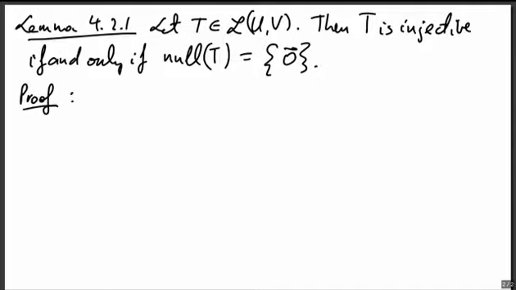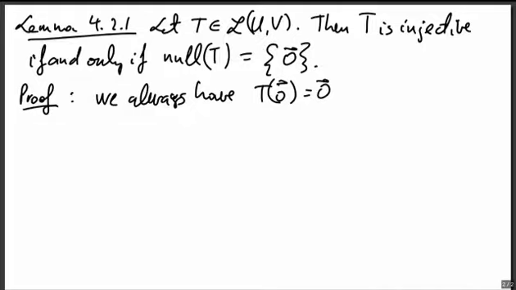The proof: for linear transformations, we always have that T0 equals 0. This comes out, for example, from the scalar multiplication property of a linear transformation with the scalar 0. If T is injective, then the 0 cannot have a different pre-image. So only 0 will go to 0.